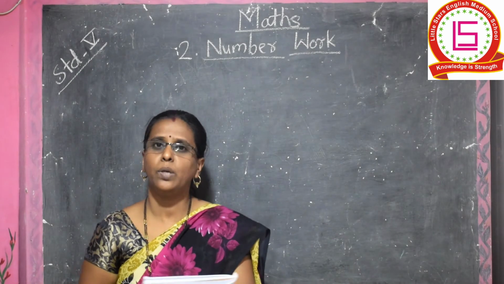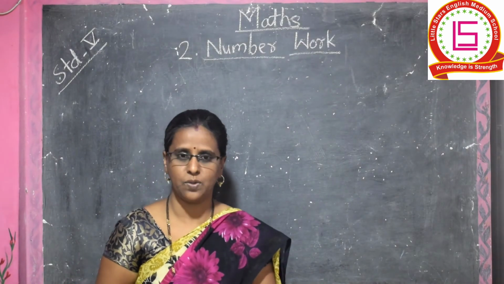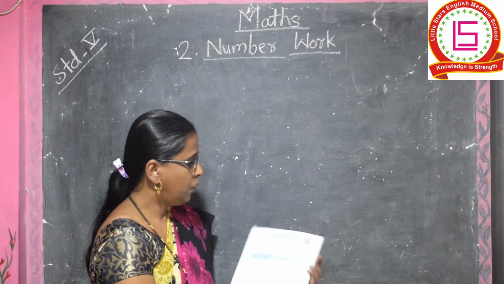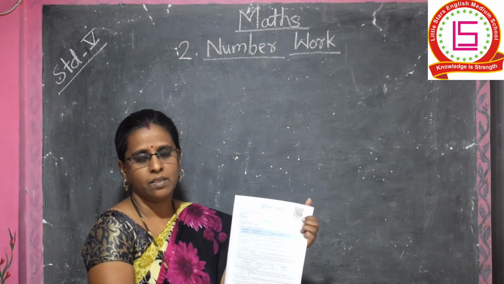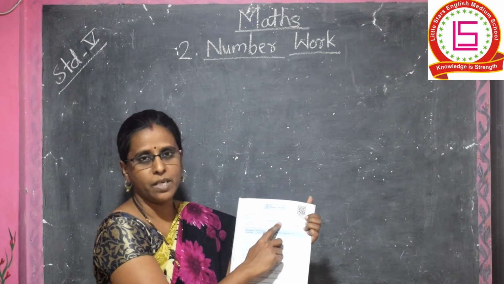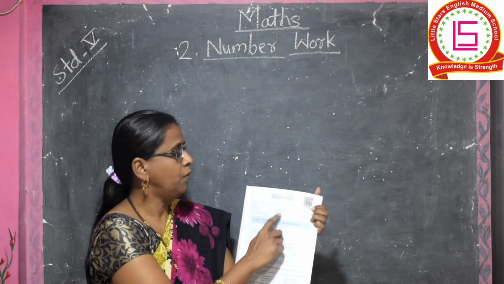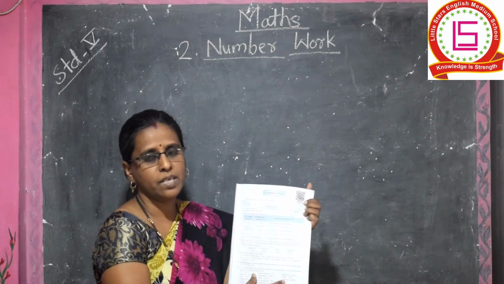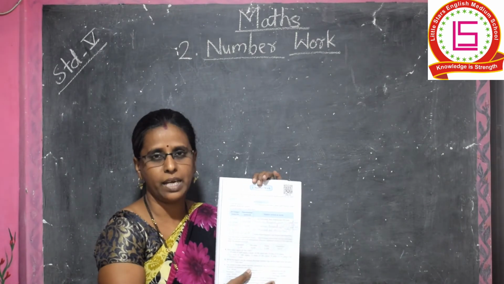Last year we learned 4-digit and 5-digit numbers, so you can easily solve this problem set. We first start with this problem set. Write these problems in your notebook and solve them.